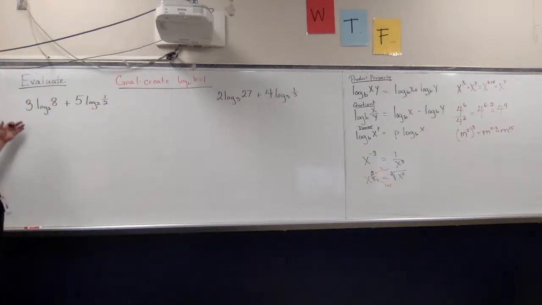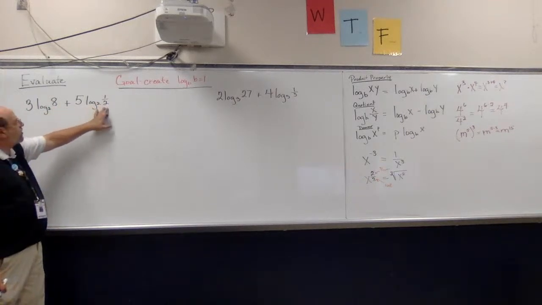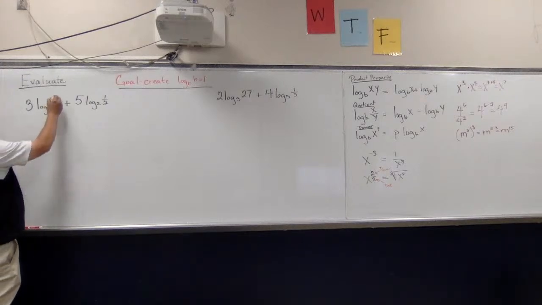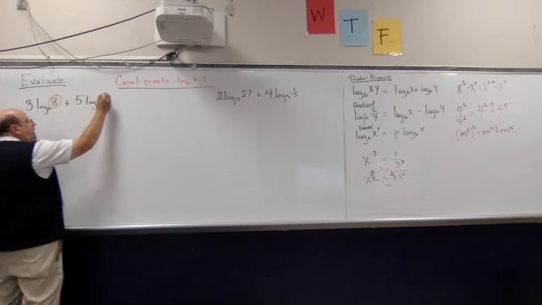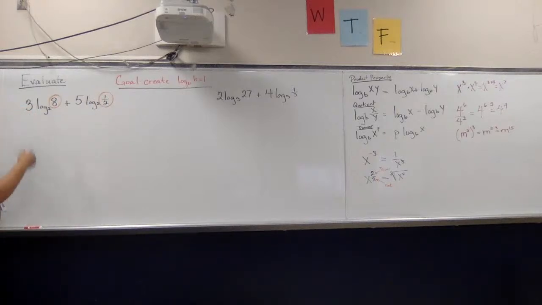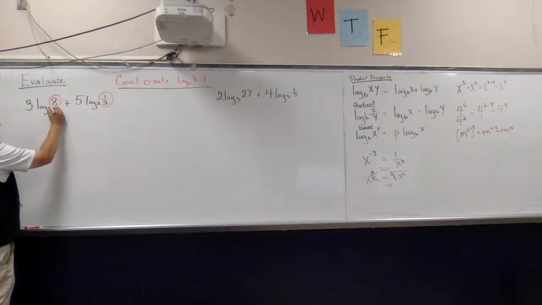Here, I have evaluate this one. 3 times log base 2 of 8 plus 5 times log base 2 of a half. So I have 2 terms here. I have 2 arguments here that need to be rewritten as some power of 2, some 2 to some power.